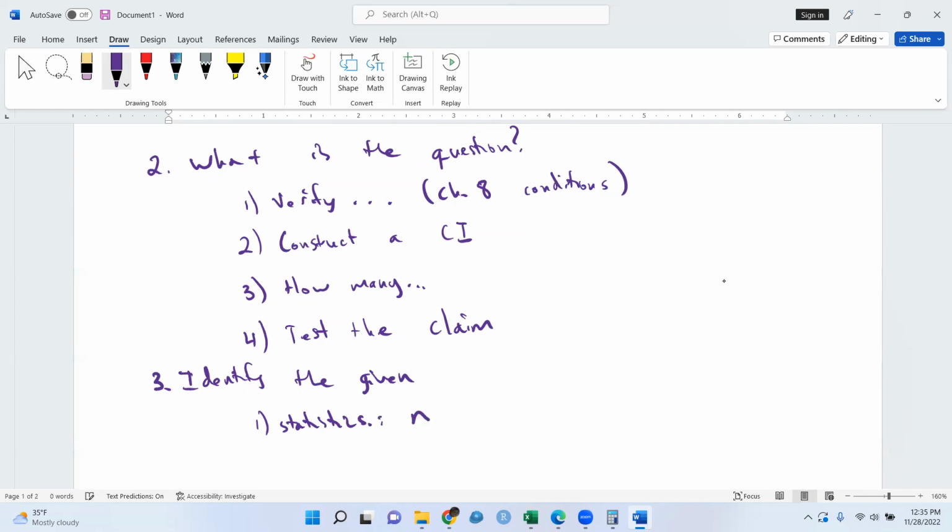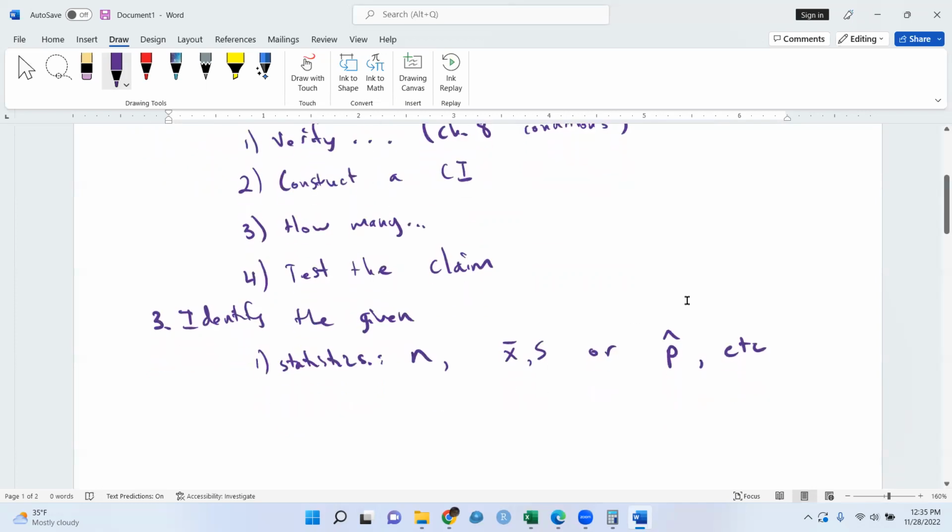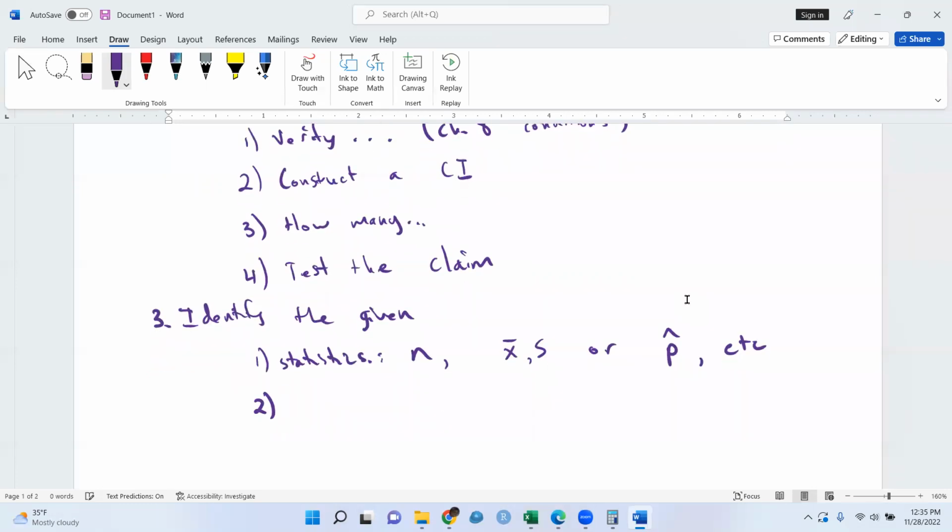So that would be n for sample size, that would be x bar and s, or p hat, etc. I guess there aren't extras on that. It's just that. And then maybe number 4 is, what technology do you need to use, or what formulas? So we'll just write formulas and/or StatCrunch.